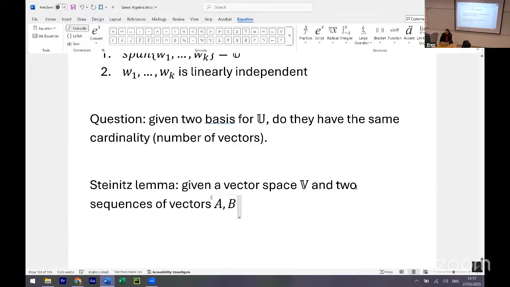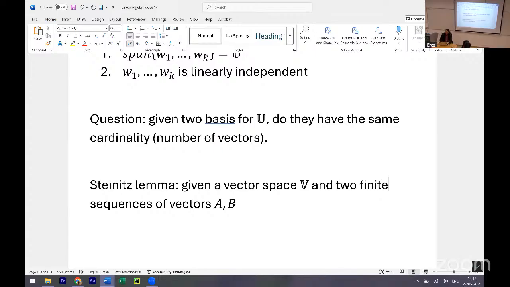I'll write the word finite. Two finite sequences of vectors, we'll call them A and B, which are both contained within a vector space.